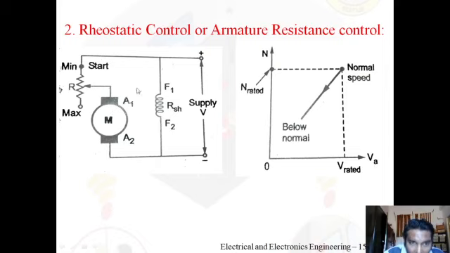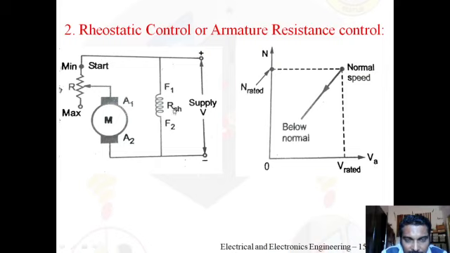Now we are trying to vary that voltage and establish the speeds at different armature voltages. As usual, if you observe the circuit diagram, V is the DC supply voltage, and the field winding produces the flux which creates the magnetic field in the motor.